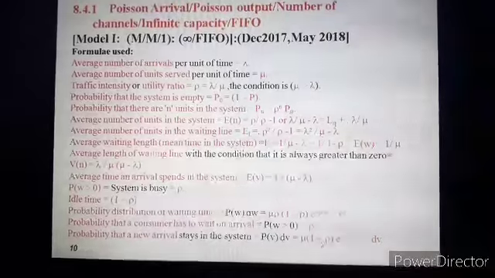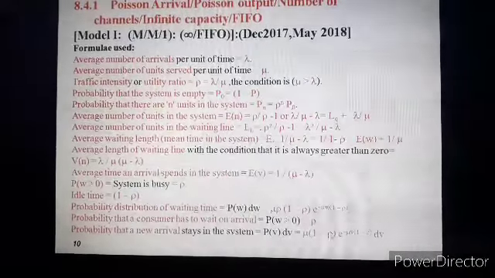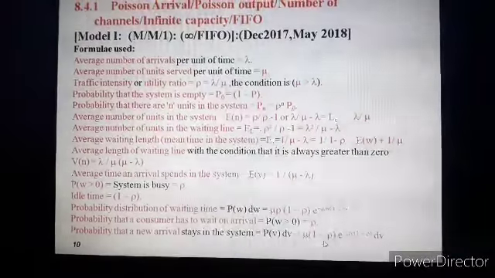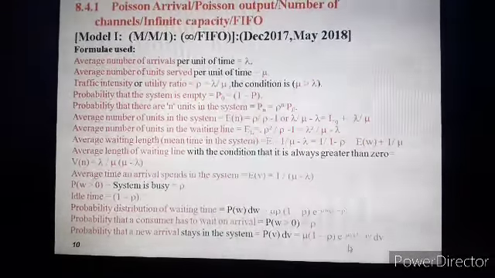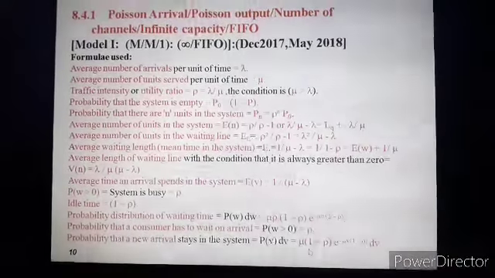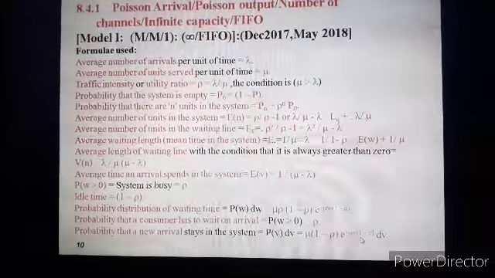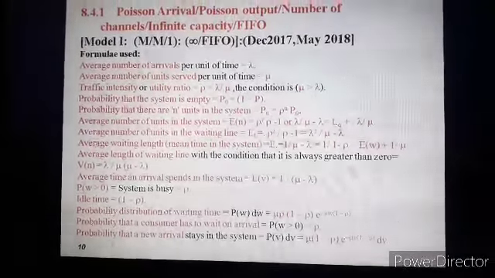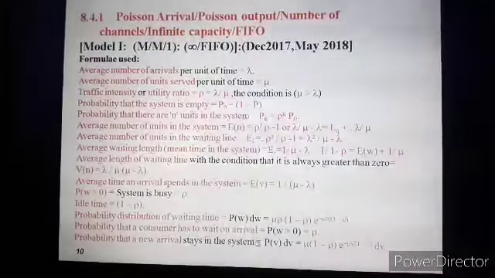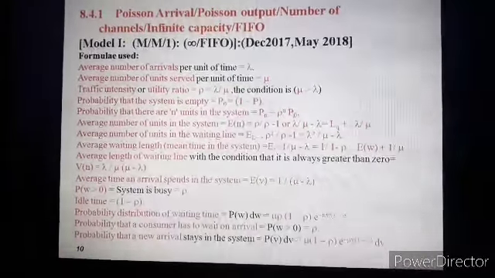Again we can write this in terms of result tables, or in terms of normal distribution tables, or probability distribution tables also. We will refer to such tables in the further discussion. So that is equal to mu in bracket 1 minus rho e raised to minus mu V in bracket 1 minus rho dV. So that is the probability that a new arrival stays in the system. So these are the basic equations referred to in model 1.